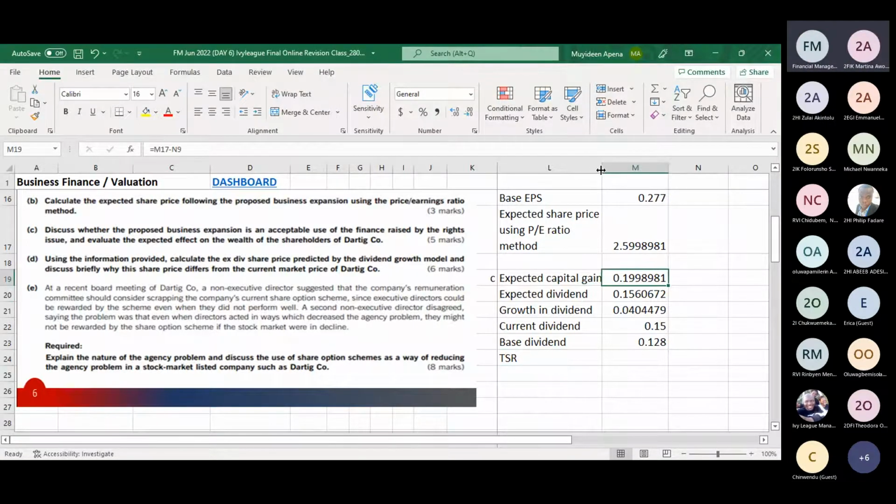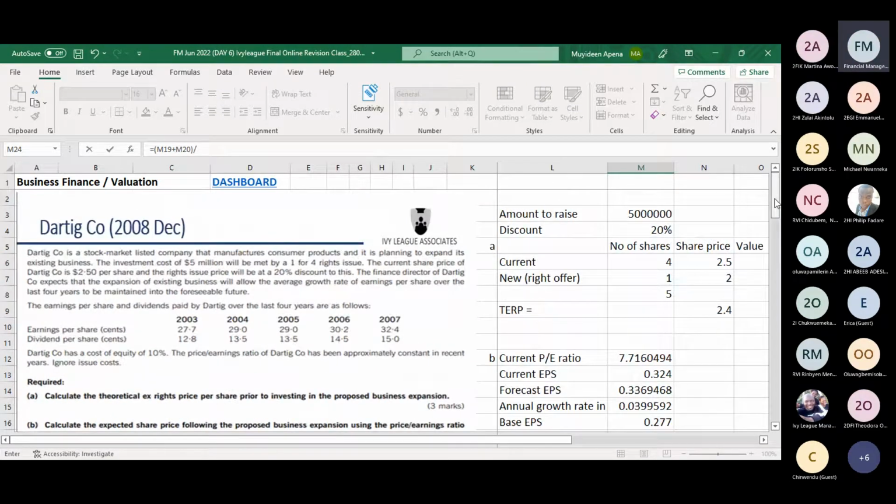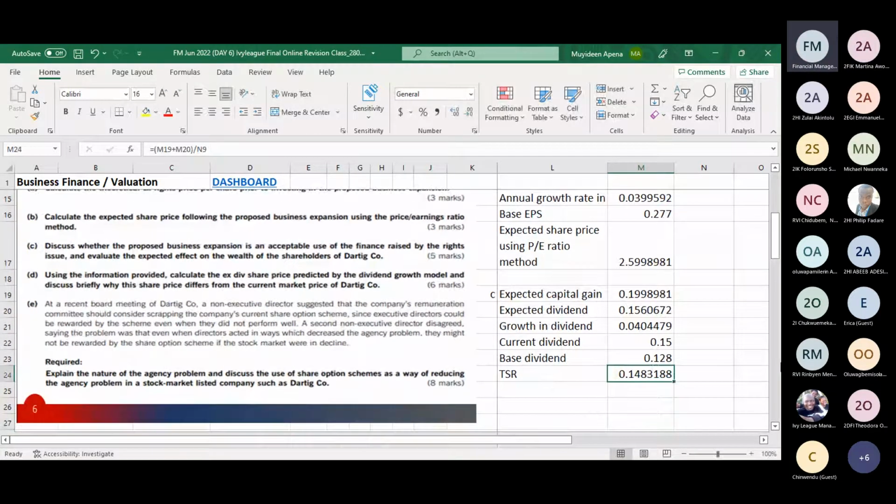So total shareholders return equals capital gain plus dividend, the next dividend they are expecting, divided by the share price at the beginning. Which share price is that? The theoretical ex-rights price. Exactly. Thank you so much. So TRP is 14.83%. 14.83% is the total shareholders return. So what will be your comment here on this C part?